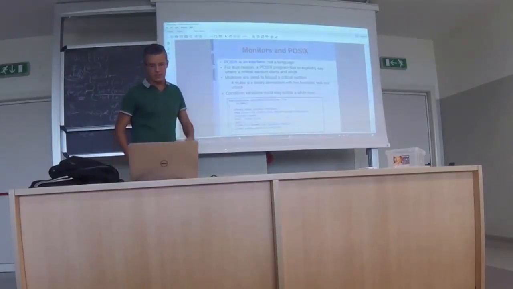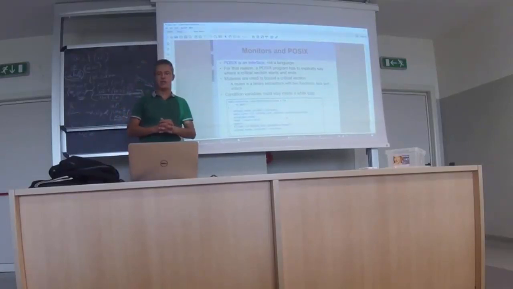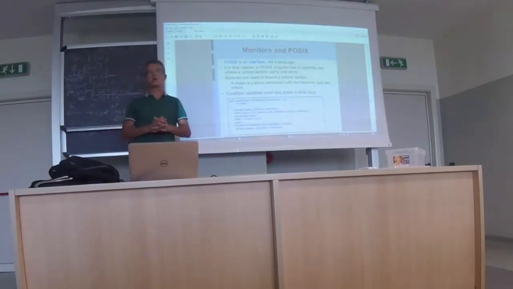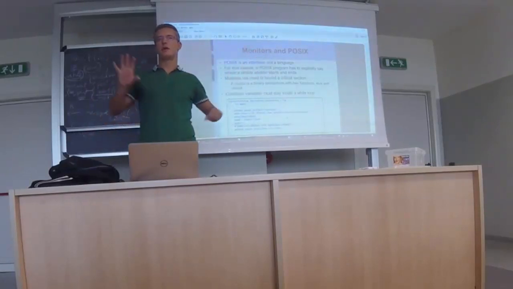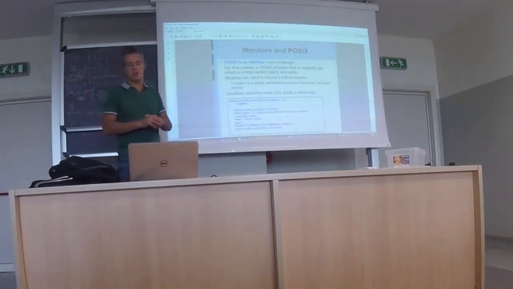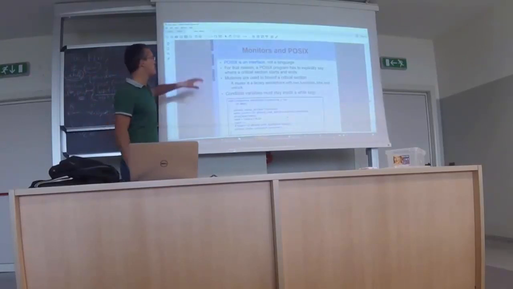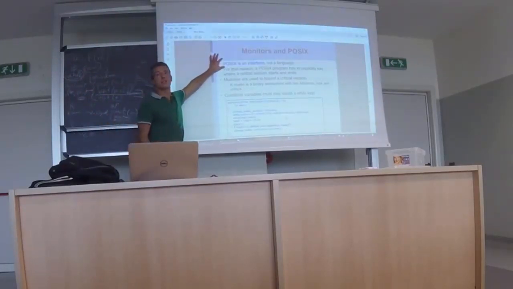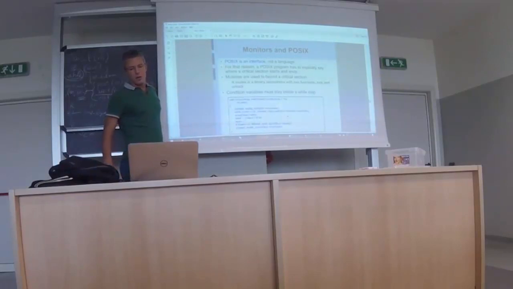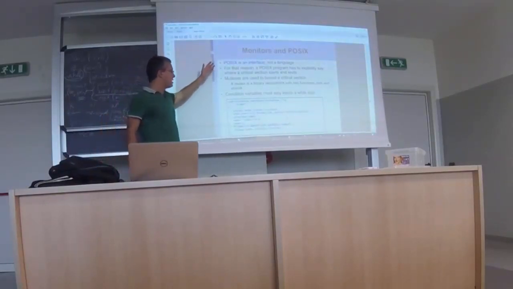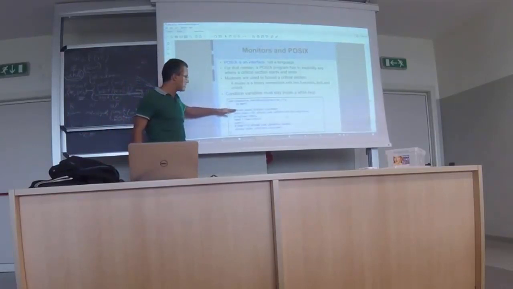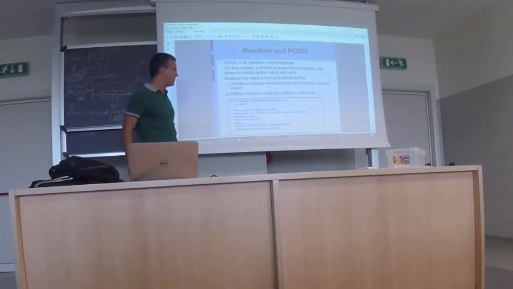So this is the way in which instead we implement it with the POSIX support. So pthreads allow us, besides semaphores and mutexes, also to have condition variables. But POSIX is an interface, it's not a language. It's a library that we use. So a POSIX program has to explicitly say where a critical section begins and ends.